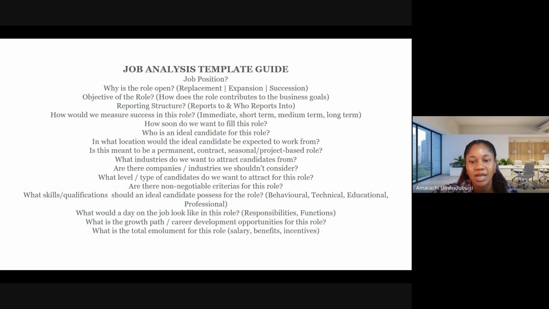If you're not very clear as to why the role is open, sometimes for people doing TA, there are times that someone is in a role and the person's position is open.